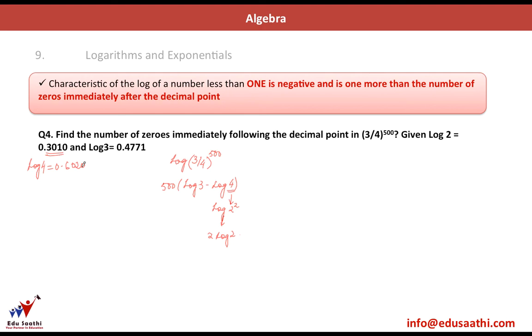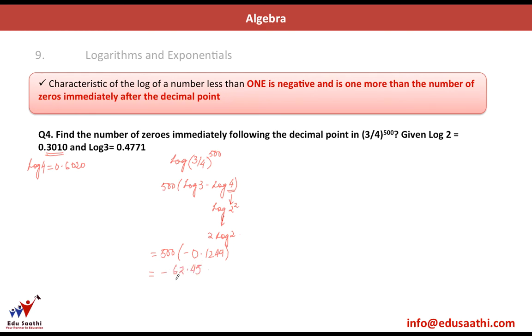So 0.4771 minus 0.6020 would give me a value which will be multiplied with 500. So this will be 500 into negative of 0.1249. So if I just multiply this with 500, the answer that I will get would be minus 62.45.